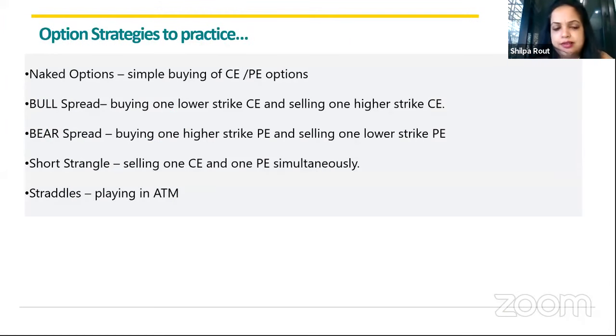Likewise, straddles are also an option strategy where you play with ATM strikes, like let's say 8,000, the 8,000 strike put and call both. If you sell or buy, it comprises a straddle strategy. So the main focus for this session was to understand OI and the importance of this indicator to help you know how the market behaves as and when required.